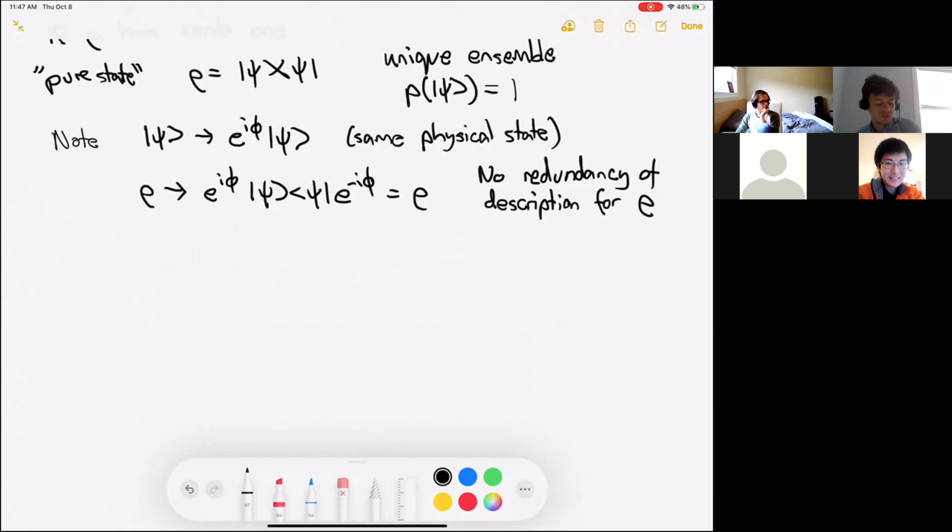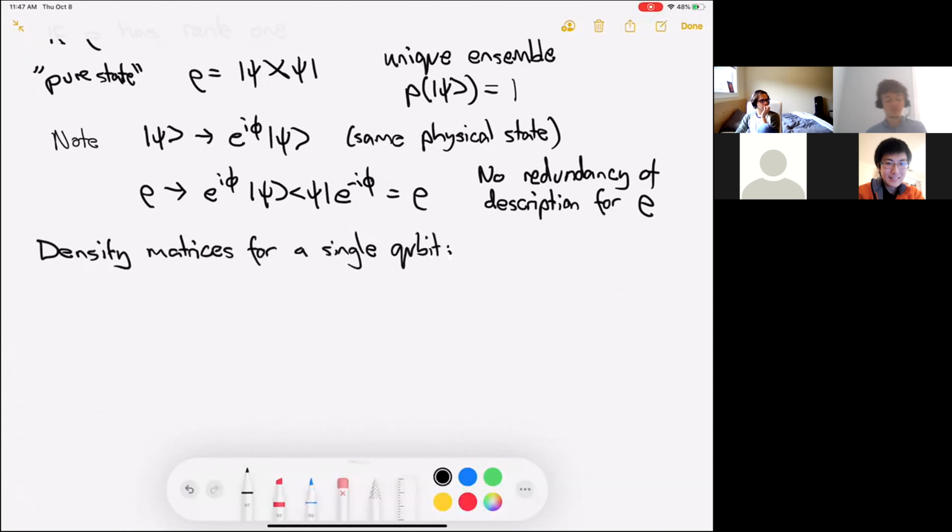What I now want to talk about for a little while is the specific case of density matrices for a single qubit. Just as with ordinary quantum states of a single qubit, because a single qubit is such a simple Hilbert space, we can have a very nice geometrical picture of these density matrices.